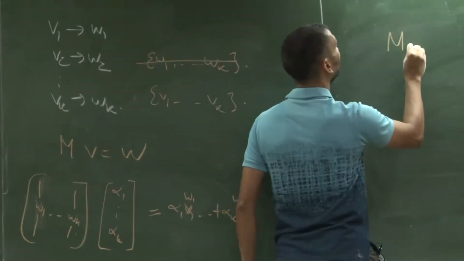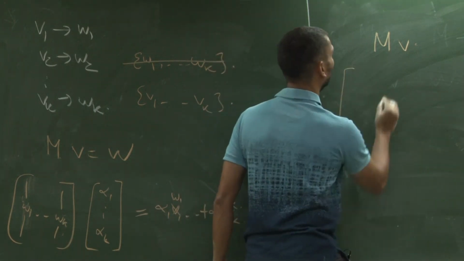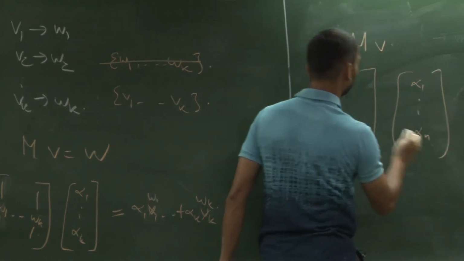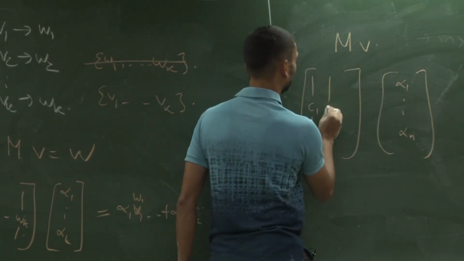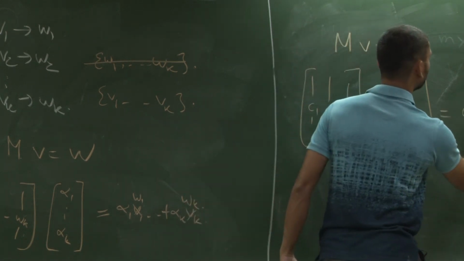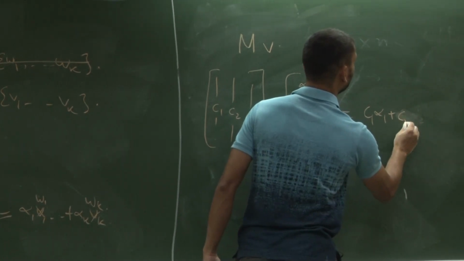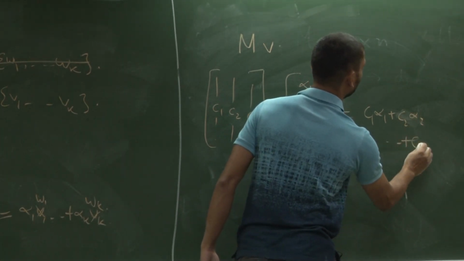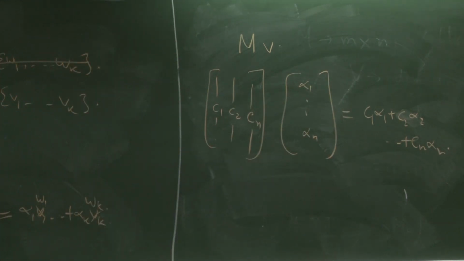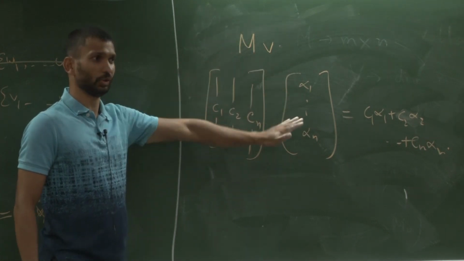So when you write MV, and these are the columns, this is how we multiply a matrix with a vector. You can convince yourself.